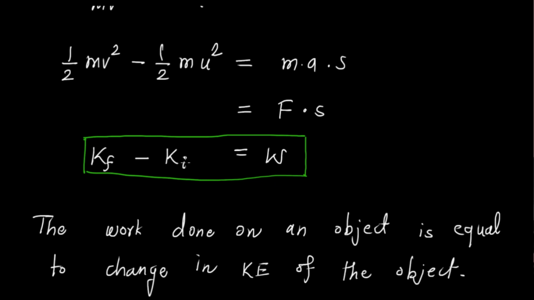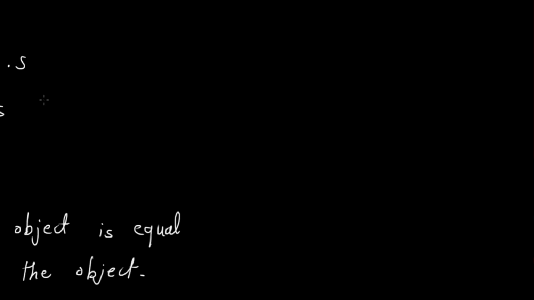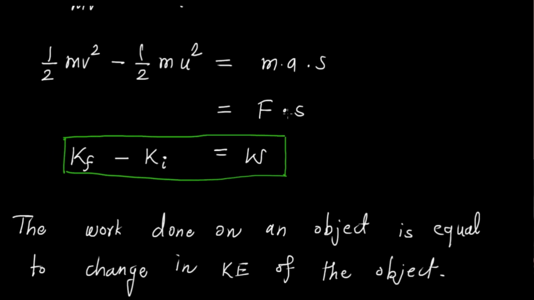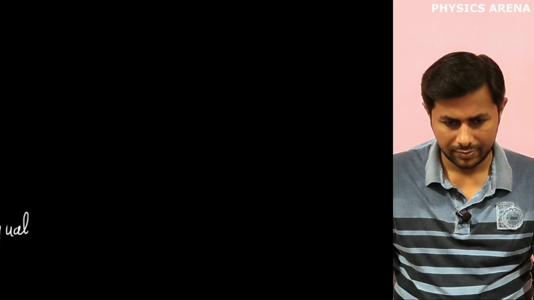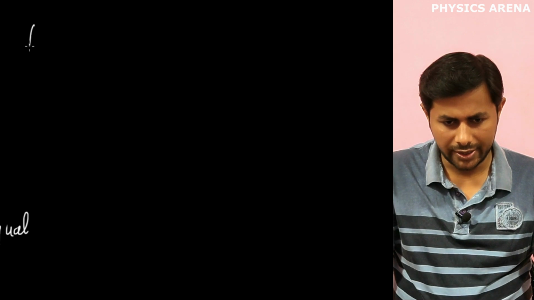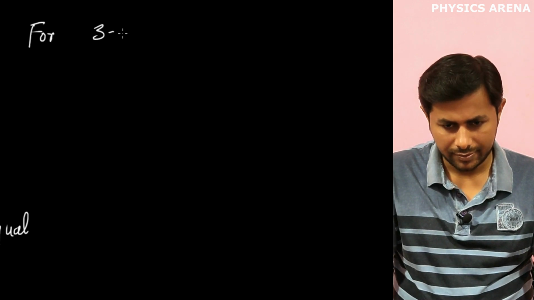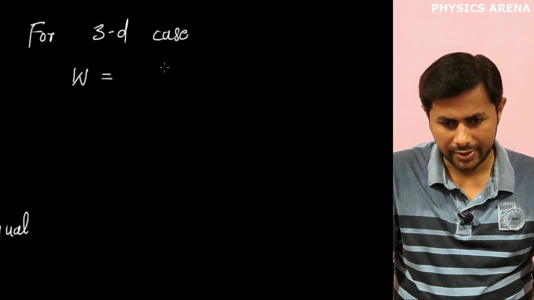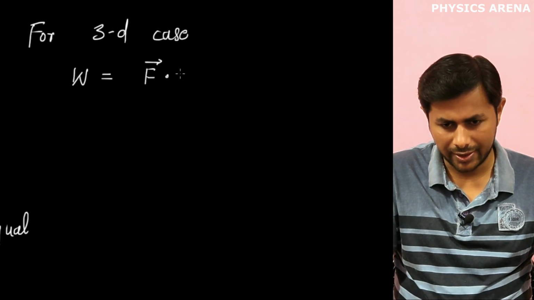Now this is the 1D case, and we can easily generalize this to the 3D case. So for the 3D case, we know how to find work. It is just the dot product of force and displacement. So for the 3D case, work is F bar dot S bar.